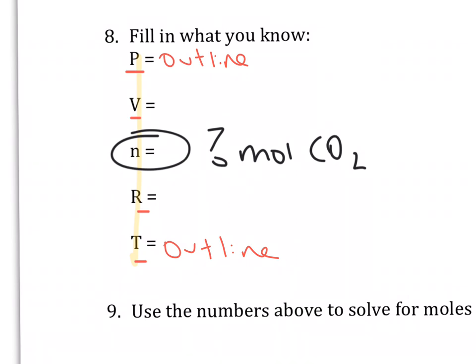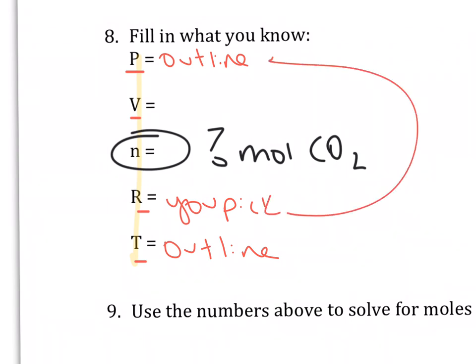So you have to read the outline in order to get those numbers. For R, that's something that you pick, right? Because you base your R based on what unit of pressure is used. So based on the room pressure and how I measured the room pressure in what unit, you will then pick an R based off of that.